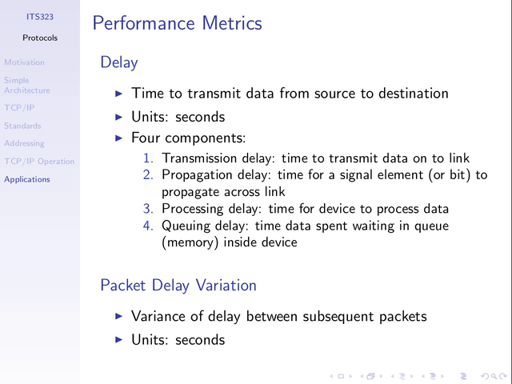Therefore, the total delay: 0, plus 8 to transmit, plus 120 to get there, plus 4 to process, another 8 to transmit down, another 120 to get down, and 0 here, which is what, 260.